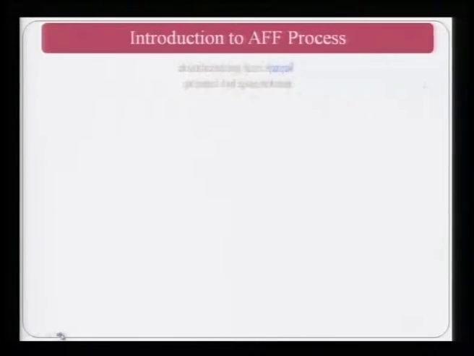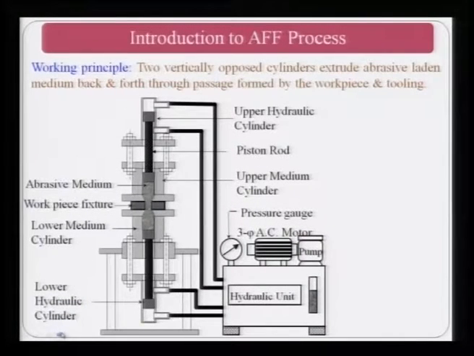Let us see the introduction to abrasive flow finishing process. Now, as long as the working principle of abrasive flow finishing process is concerned, there are two vertically opposed cylinders that extrude abrasive laden medium back and forth through a passage formed by the workpiece and tooling.